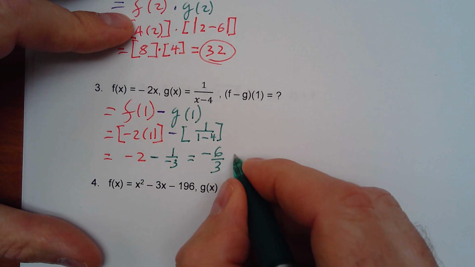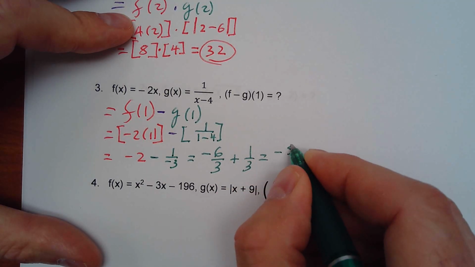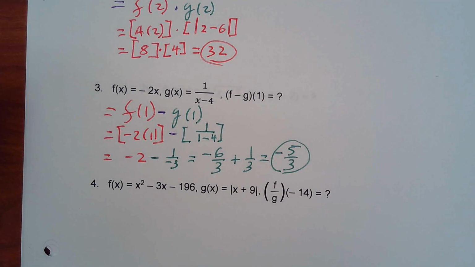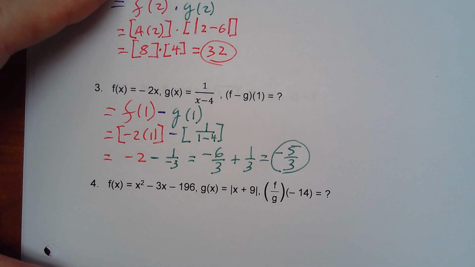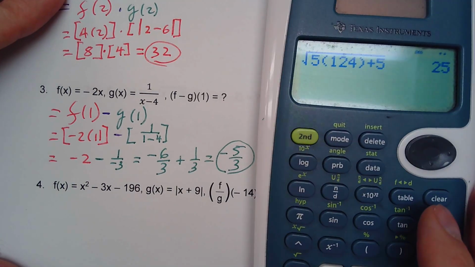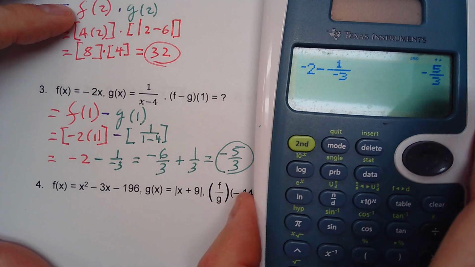Minus the negative becomes plus 1/3, and that will give us a negative 5/3. You can also do that directly on your TI-30XS calculator. So if I go negative 2, subtract, fraction key, 1 over negative 3, it will give me the answer. So you don't need to panic about that.